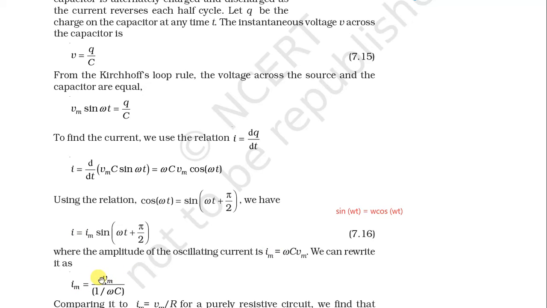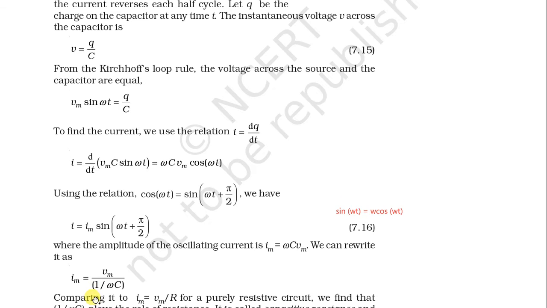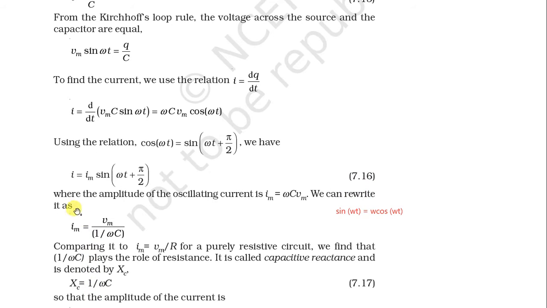Im is equal to Vm divided by 1 upon omega C. The omega C moves to the denominator, so that Im is equal to Vm upon 1 upon omega C.